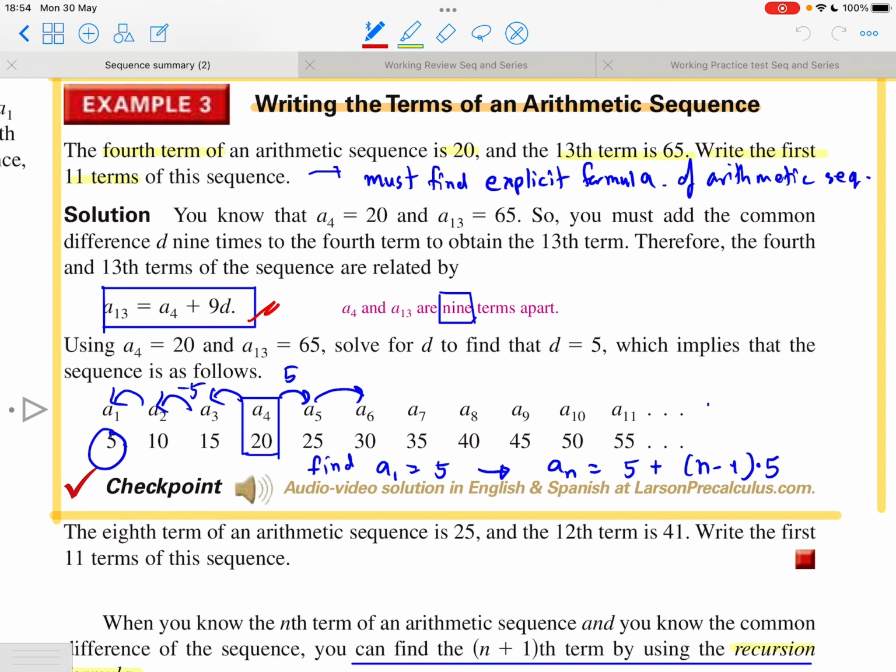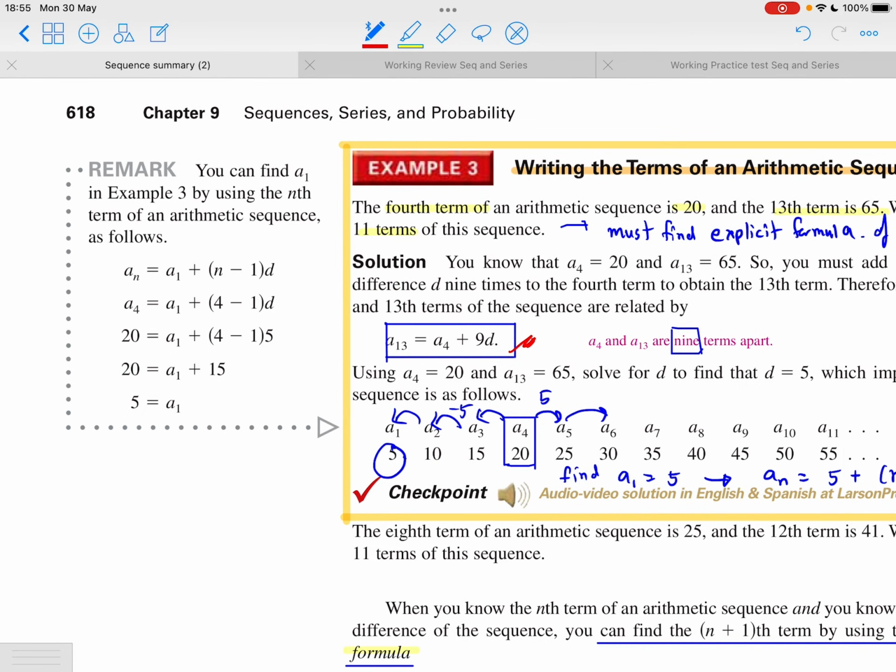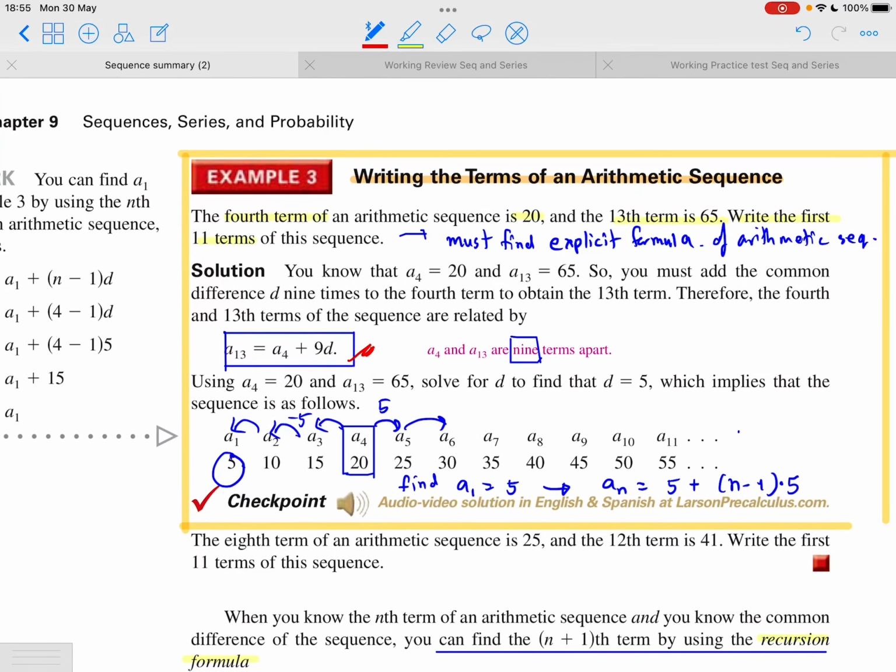You can just use the formula and then just do it. And it can also be written recursively, or it doesn't need to be written all the way down to a_1. Let's say a_13 is going to be a_4 plus what times d.